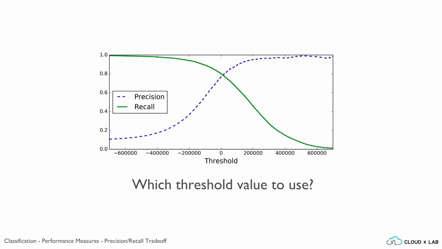The answer is we can simply select the threshold value which gives us the best precision and recall values for our task. Say for our task, we need high precision. Then we increase the threshold, and if we need high recall, then we decrease the threshold. Therefore, it is fairly easy to create a classifier with virtually any precision or recall we want.